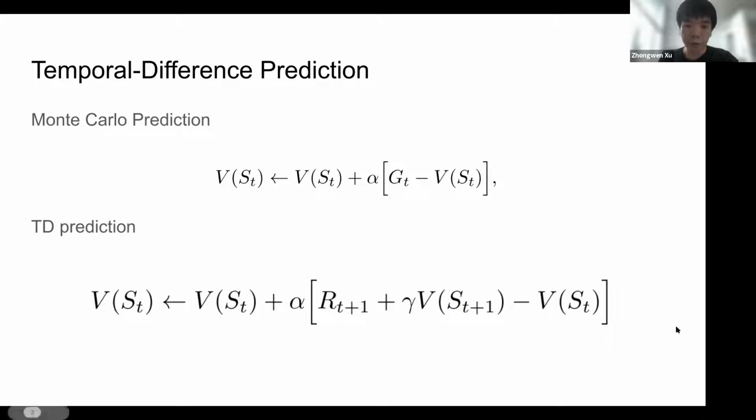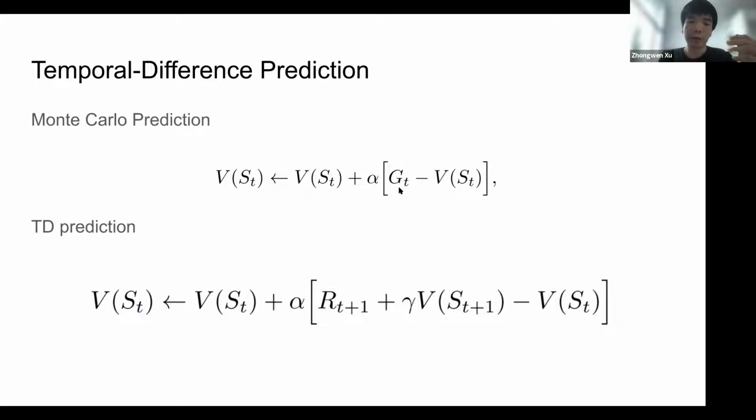from this equation we can see that the return disappears from the equation. Instead, we introduce a form that uses the reward of the next time step, so it is RT plus 1, plus the discounted value of the future state.